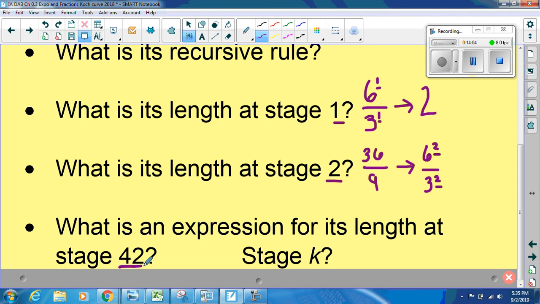So at stage 42, I'm going to have 6 to the 42nd power, and excuse the handwriting here, and I'm going to have 3 to the 42nd power. Just using that stage as the exponent. So at stage k, if we just use a variable, I can say at any stage, I have 6 to the k power over 3 to the k power. Right? Not too bad.